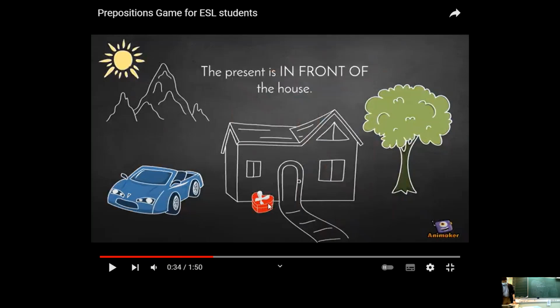Yes, very clearly. So the present is in front of the house. Okay, everybody. Yes, the present is in front of the house. Can you try one more?